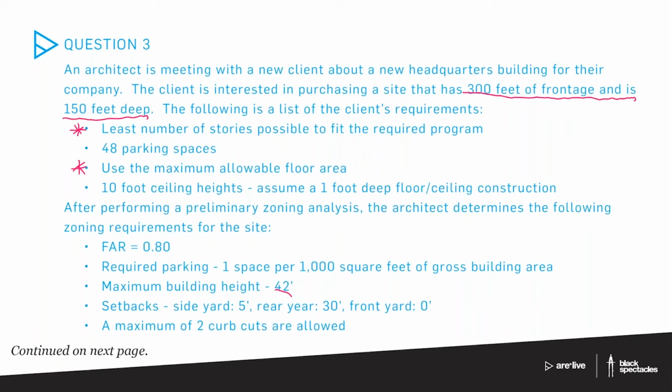So you would have a 33-foot tall building according to the client's requirements, and the maximum building height is 42 feet. So we know any answer choice here meets the client requirement, and it's going to meet the maximum building height in this zoning ordinance. So I would say that's probably not a critical piece of information to answer the question.